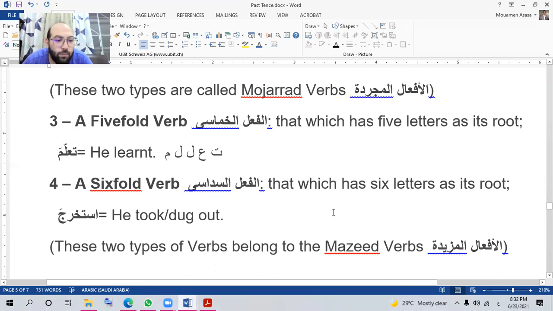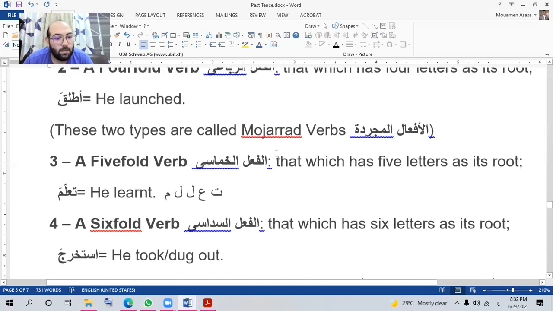Now, one of you will say, Ustaz, why are these verbs called al-af'al al-mazida and these called al-af'al al-mujarrada? With 5 and 6 letters, the verb has additional letters. These additional letters give us new verbs.